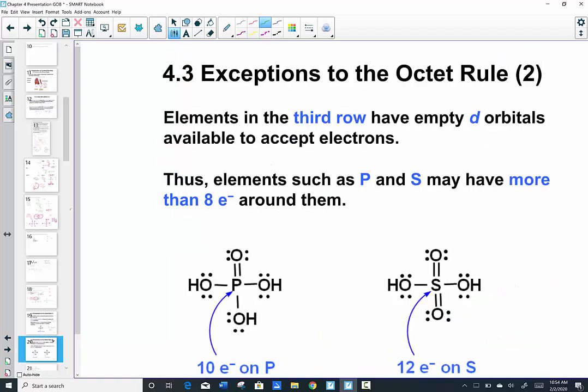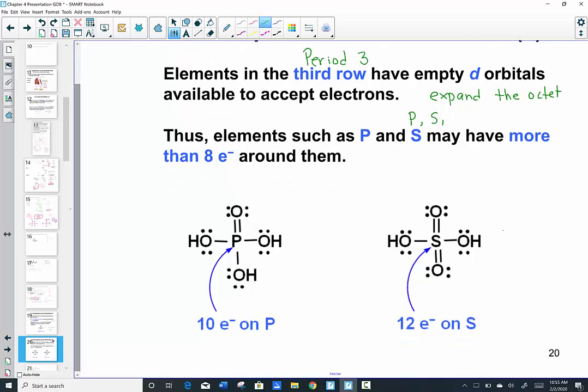Sometimes elements in the 3rd row, and by the 3rd row I just mean period 3 on the periodic table, have empty d orbitals that are available to accept electrons. It allows them to expand their octet. Row 3 would include elements like phosphorus, sulfur, chlorine even, but phosphorus and sulfur are very good at accepting more than their share of electrons around that octet.